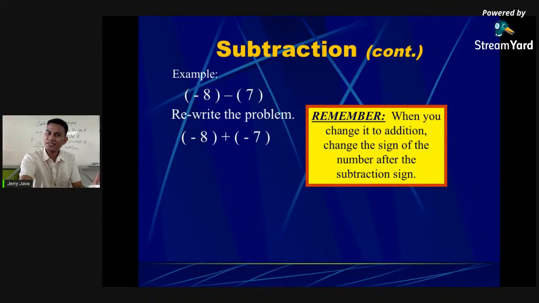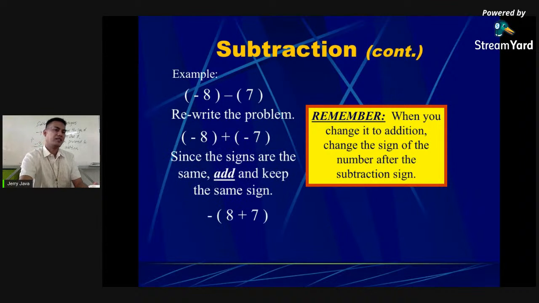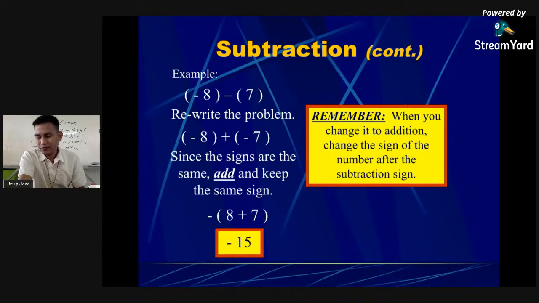So like signs na, diba? -8 or -7. So just add them. 8 plus 7 gives you 15. Then copy the sign. The common sign is negative. So your answer is -15. Yay, correct. Those who got -15, you are right. May tama ka. Okay, the answer is -15.